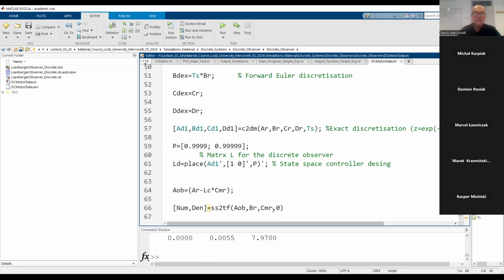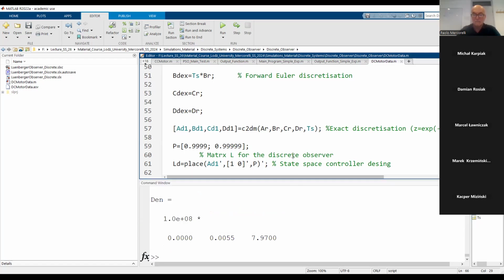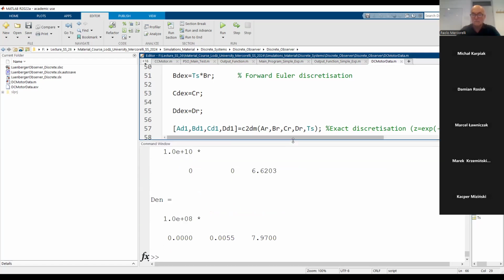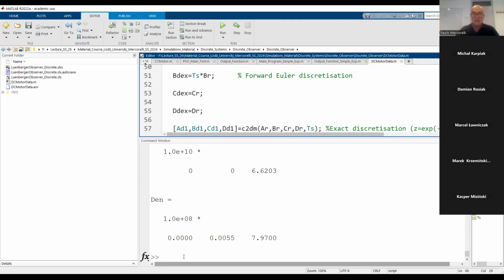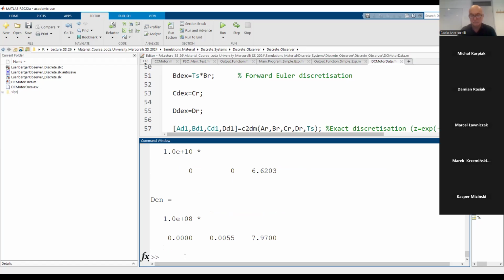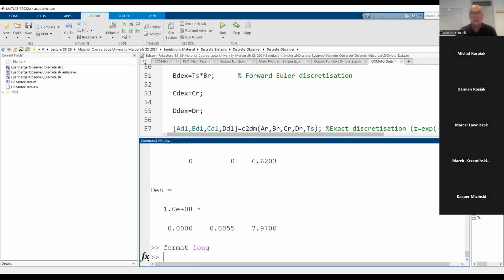In our case, the output is the velocity. Let me say format long.